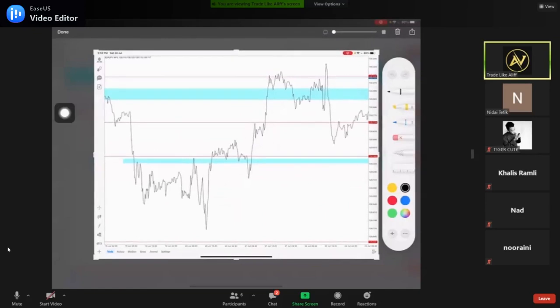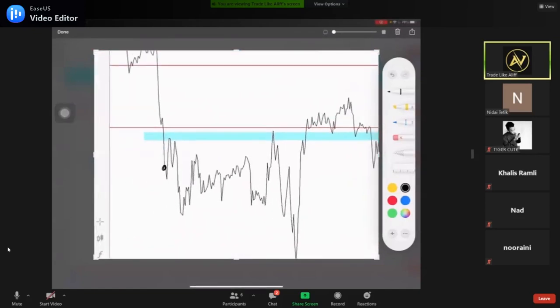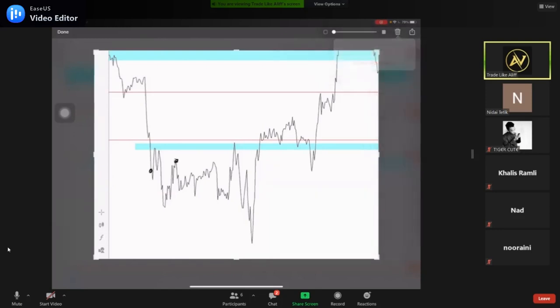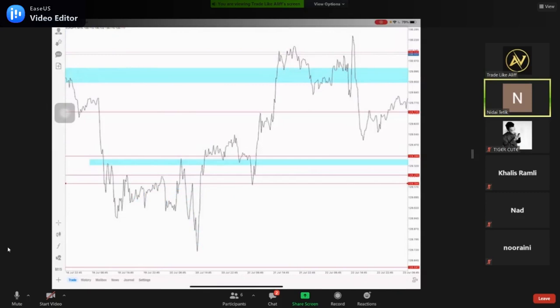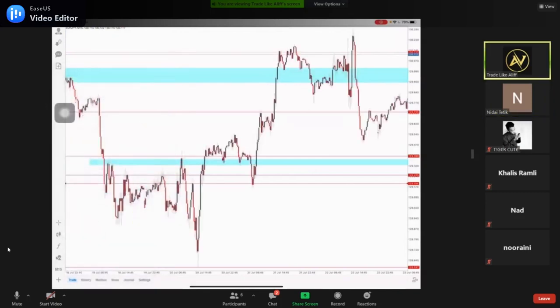You mark your big movement. So here we have one that was supposed to be a buy position, and then we have one clear over here, the resistance. So you just mark your big movements and you entry, my friend.